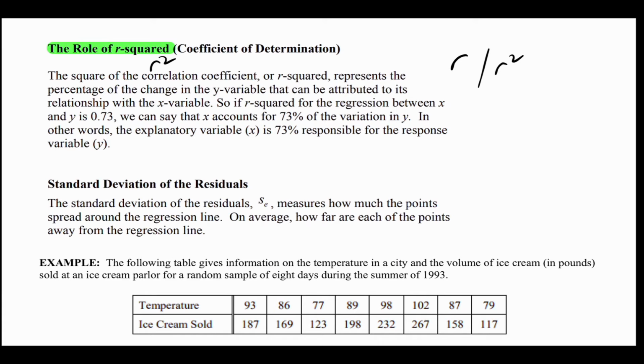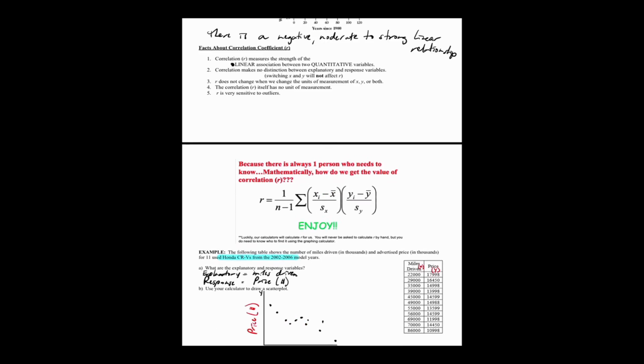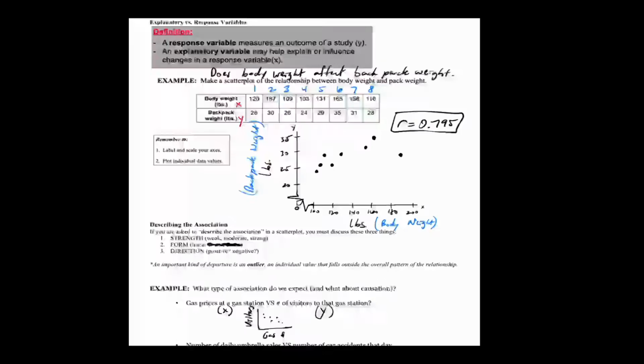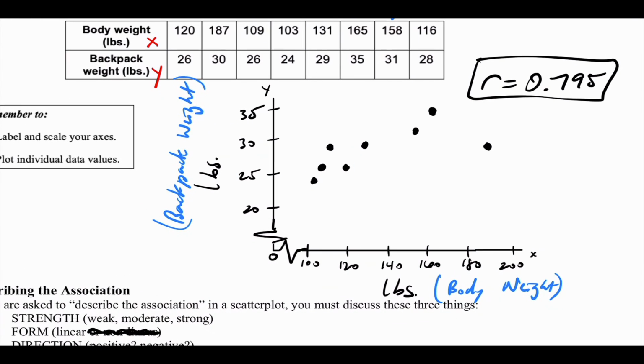Nope, that's today. The first one we did: body weight and backpack weight. So let's see, 0.095. So R squared would be 63.2, which is about 63%.